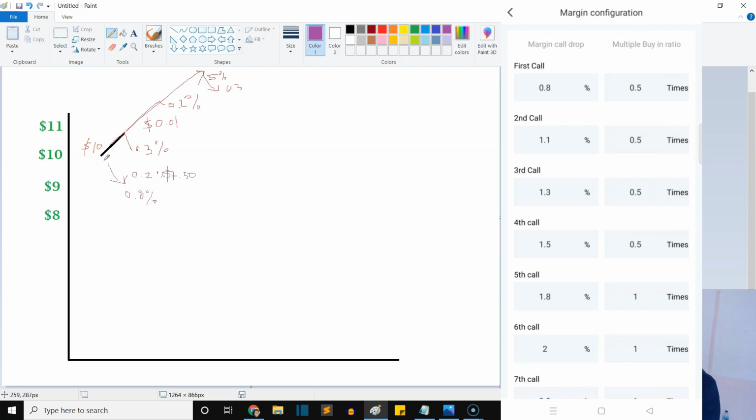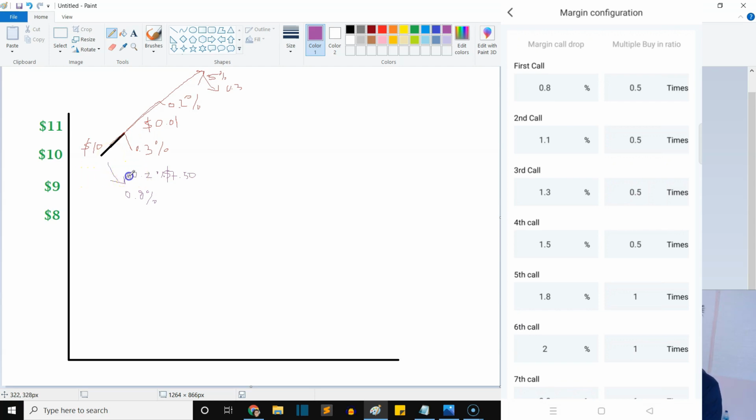So the robot will only trigger the buy if it drops and then comes up a little bit by 0.2%. This is smart because it prevents buying when the market suddenly goes down, drops right here. So if it sees there is some resistance, a little bit, 0.2%, then it will execute the buy.